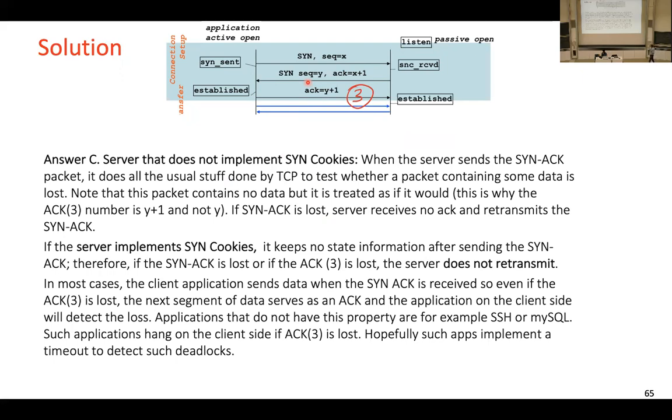But let's assume a situation where the client finishes the handshake and waits for the server to send information. Then you are stuck, because the client waits for the server to send information, and the server does not know that the client has made this connection because it hasn't received the ACK.